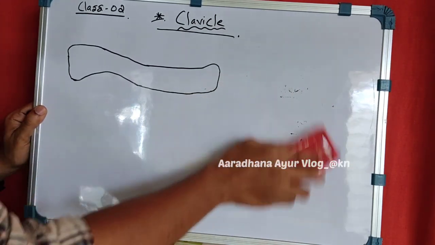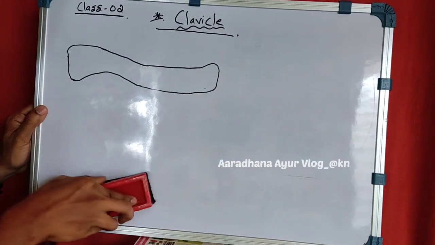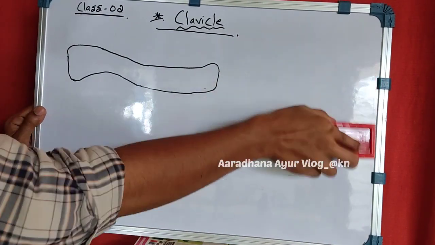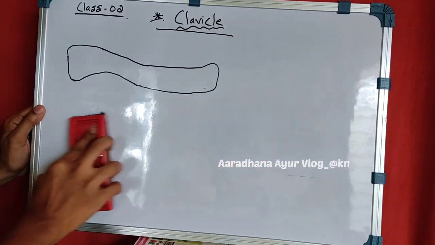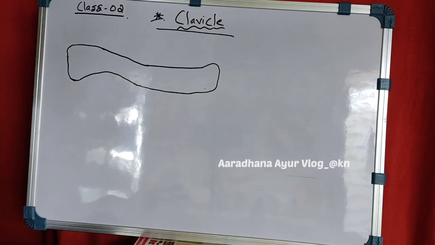Now 10 to 15% is finished. If you know the terminology like superior, inferior, medial, lateral, then 15% of the class is over.